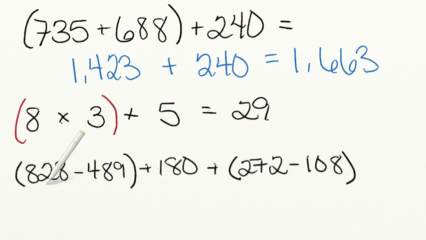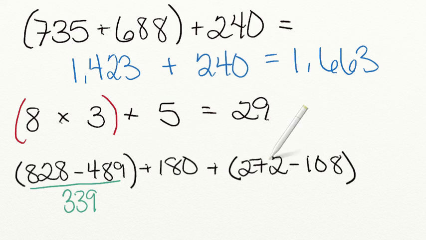I want you to evaluate this expression. Well, we have two sets of parentheses in this expression, so we're going to start with our set of parentheses on the left. So 828 minus 489 gives us 339. So now we need to go ahead and evaluate our second set of parentheses. 272 minus 108 equals 164.